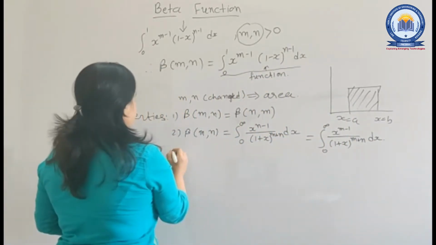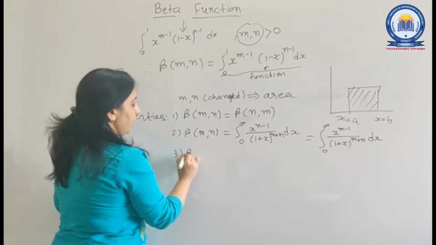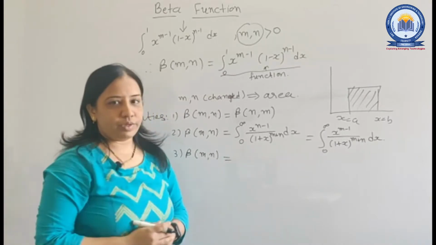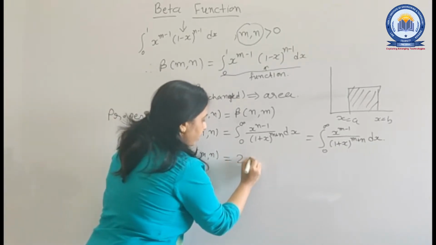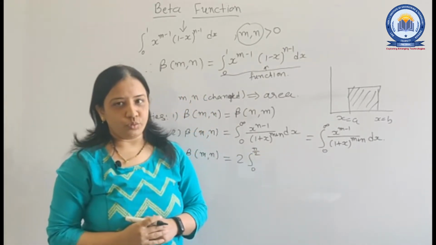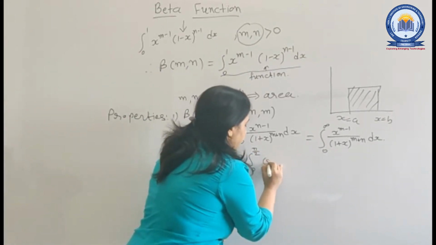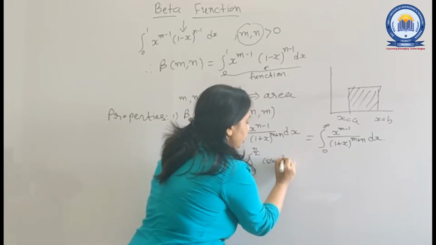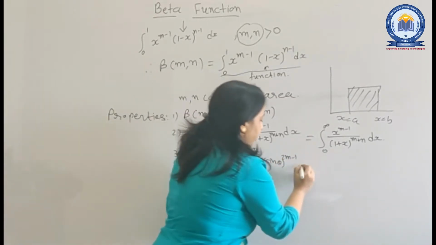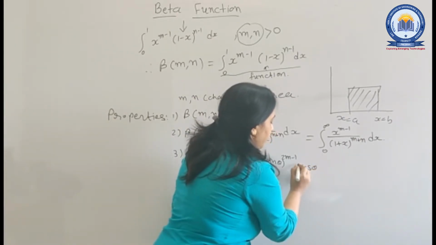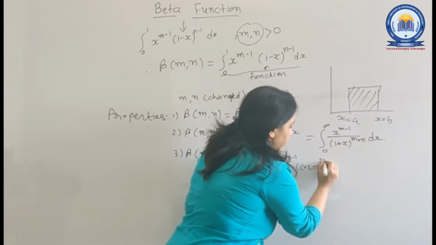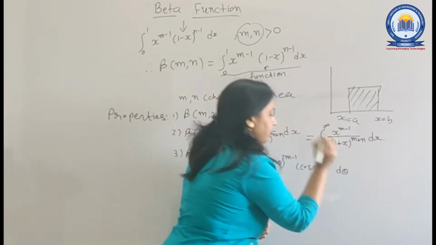Now the third one is beta(m,n) equal to 2 times integration 0 to pi by 2 sin theta raised to 2m minus 1 cos theta raised to 2n minus 1 d theta.